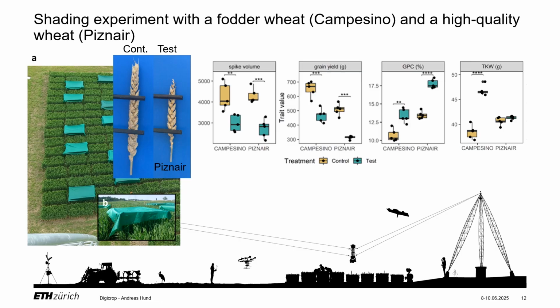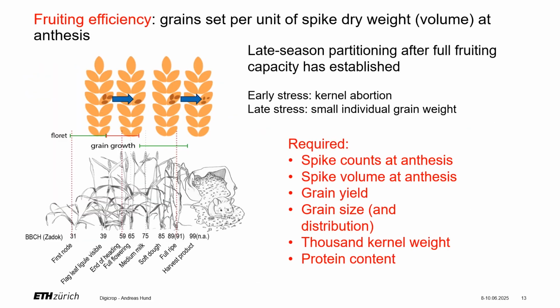And of course, also an interesting story here. So again, coming back to this story of fruiting efficiency, when you assume that everything worked well until the full development of the spike, that means here on the left side, the spike was theoretically fully developed.